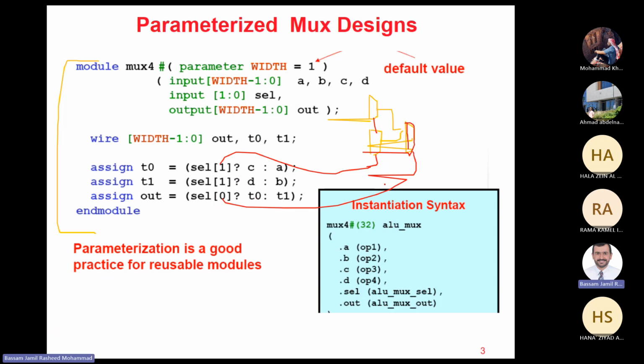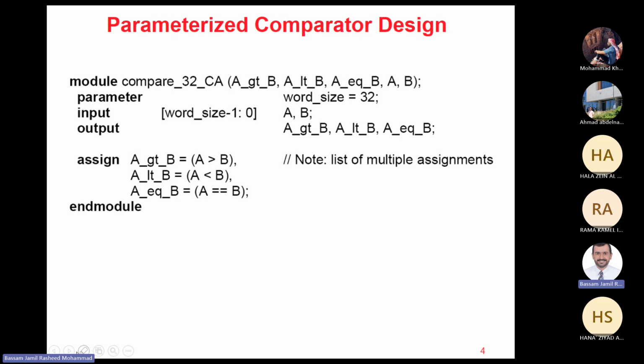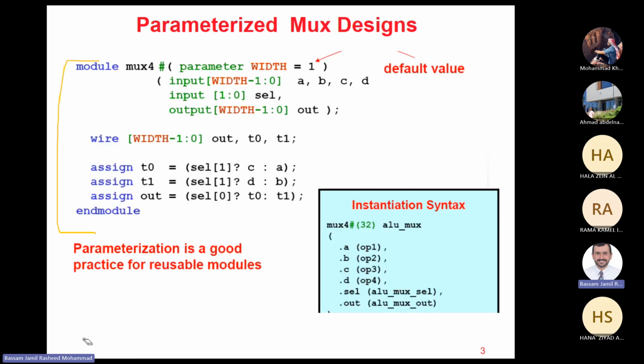Let's traverse the language. We have two select signals here, and I have four inputs, A, B, C, D.